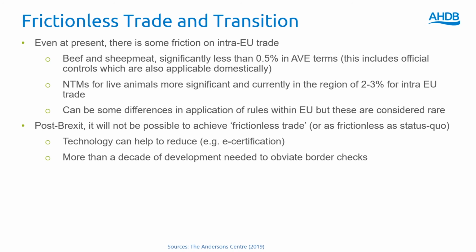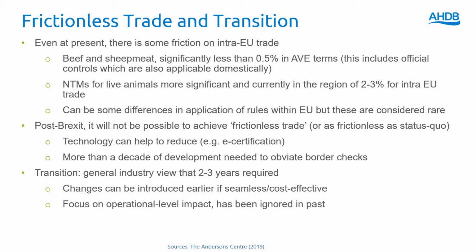But in terms of obviating the need for checks on the border, particularly physical checks for beef and sheep meat, according to industry experts, as things stand, we're more than a decade away from that. So still a significant amount of time is needed in order to obviate those border-related checks.